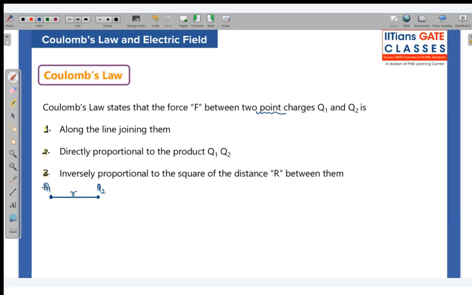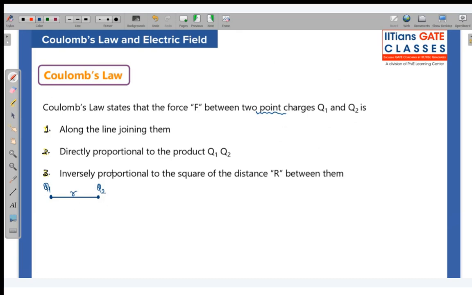We are aware that if the two charges are of the same polarity, then they repel each other, and if the two charges are of opposite polarity, then they attract each other. That means like charges repel each other and unlike charges attract each other.